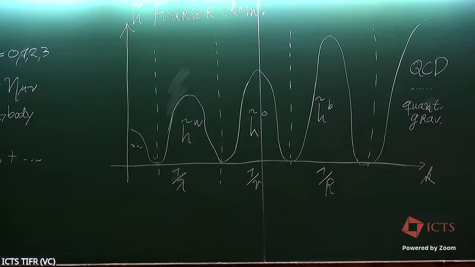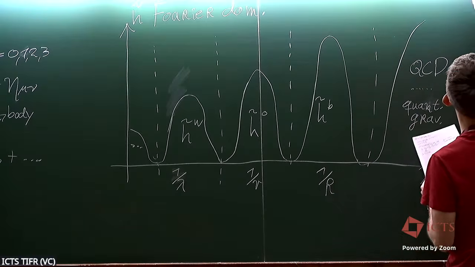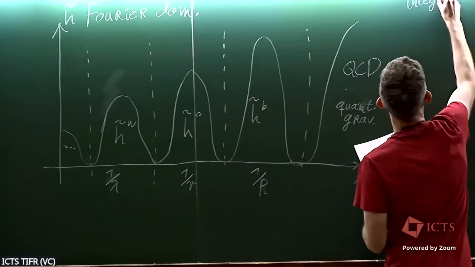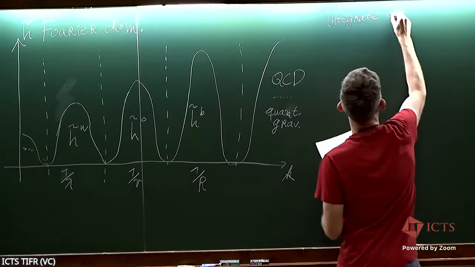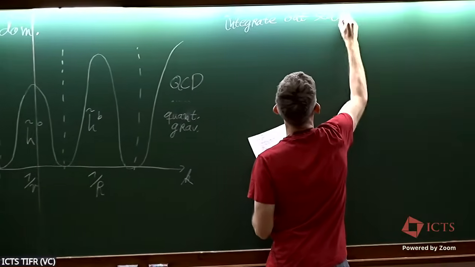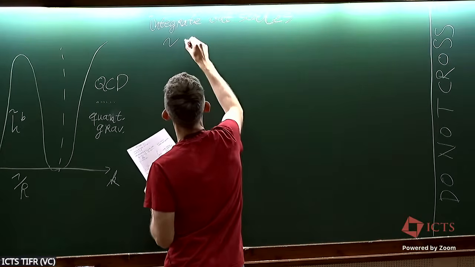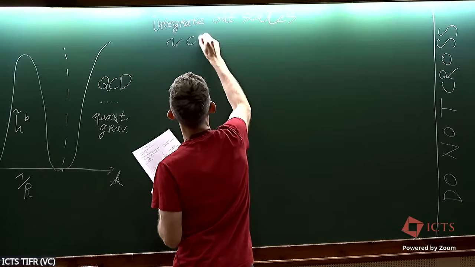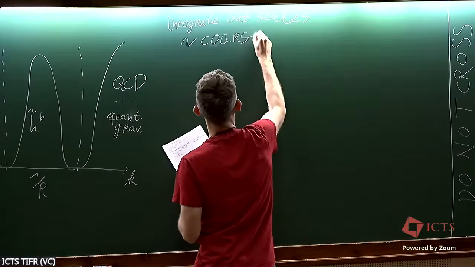All right. But now, once we have that, let me give you a bit more intuition of this process of integrating out the scales. In the classical physics regime, integrating out scales is basically a coarse graining.